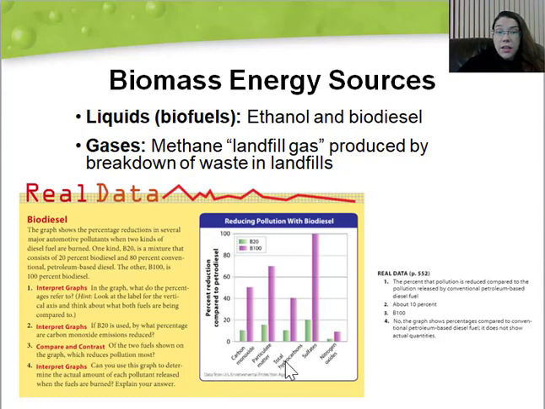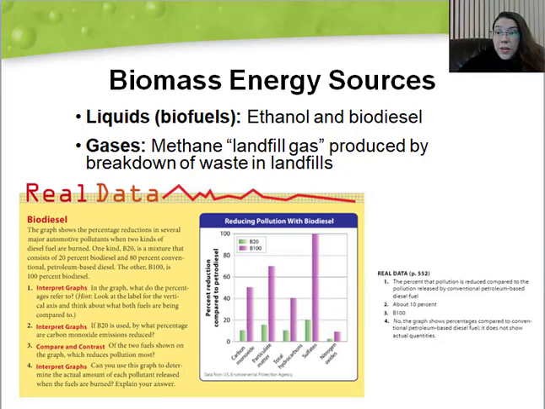And on our x-axis, we have the list of pollutants released: carbon monoxide, particulate matter, carbon, total hydrocarbons, sulfates, and nitrogen oxides.